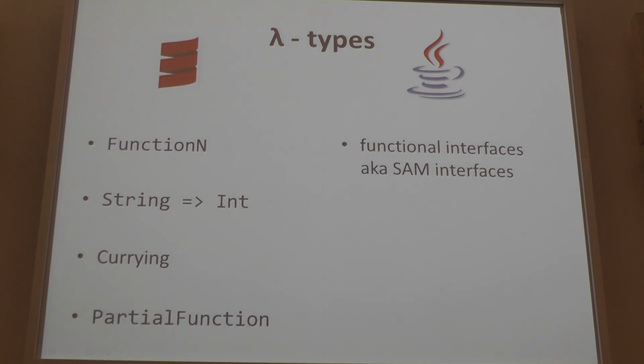And in Java 8, the things are very different. There is no common supertype for functions. The lambda expressions, as you've seen on the previous slide, the instance that gets created when the code is run is not a subtype of some common trait or interface, let's say Function1 like in Scala, but is an instance of something that's called the functional interface.